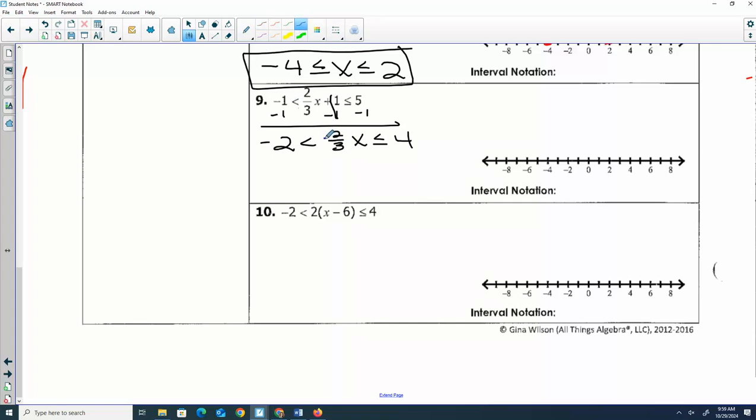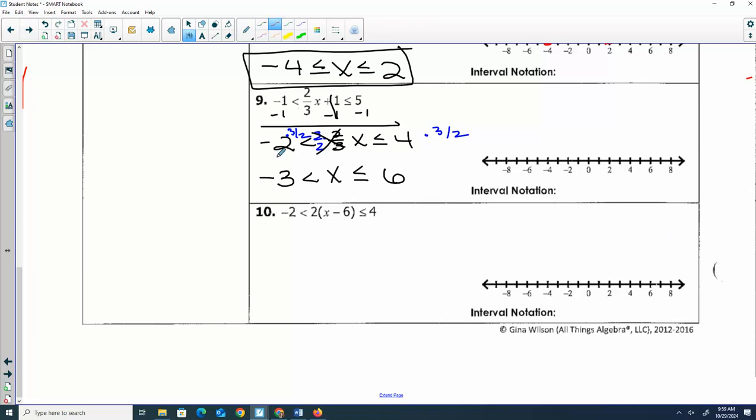So you can either divide by 2/3 or multiply by the reciprocal 3/2. But if we do it to the middle, we do it to both ends as well. So everything gets multiplied by 3/2. So negative 2 times 3/2, less than, here those cancel, we just get x, less than or equal to 4 times 3/2, 6.